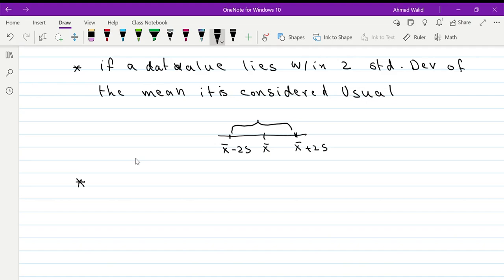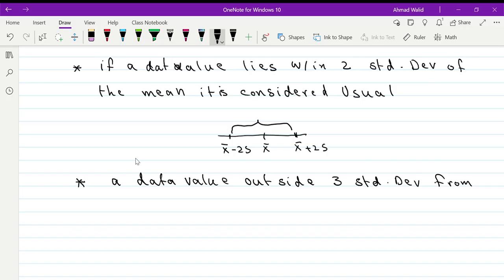Note number 2. A data value outside 3 standard deviation from the mean is very rare.